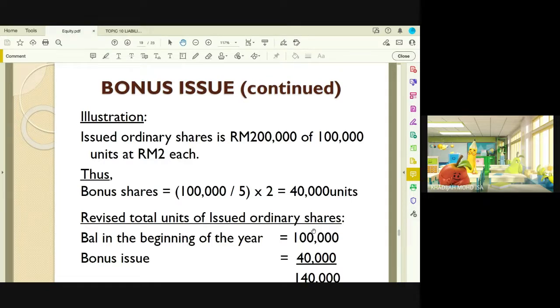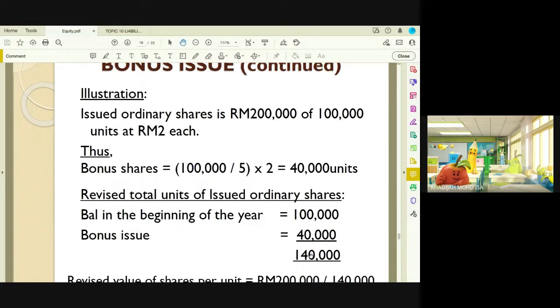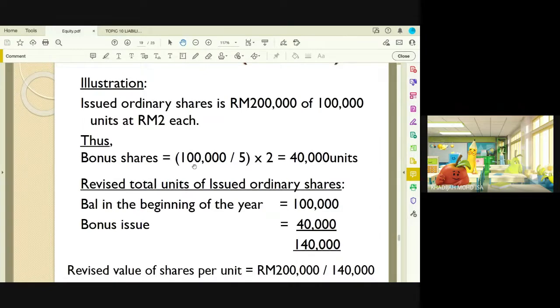So at the beginning of the year you have 100,000, but now you have additional shares of 40,000. In total, you have 140,000 shares.